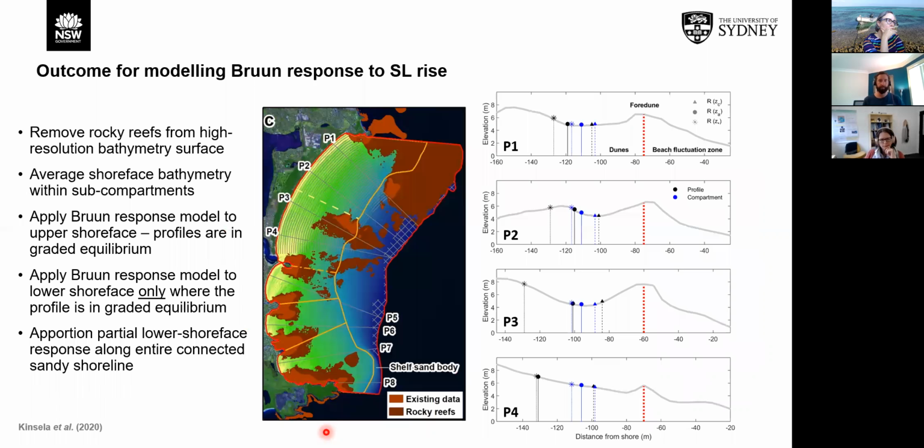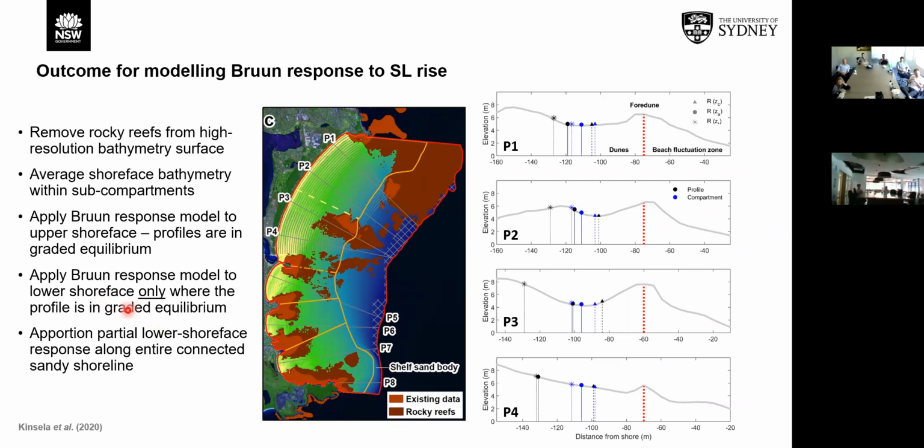So the outcome for modelling all this, which was presented in that paper, was basically: if we add in all that new information about the shoreface, the rocky reefs, the changing profile from north to south, so where it was overfit or underfit, we can apply a Bruun response model considering all of those things.